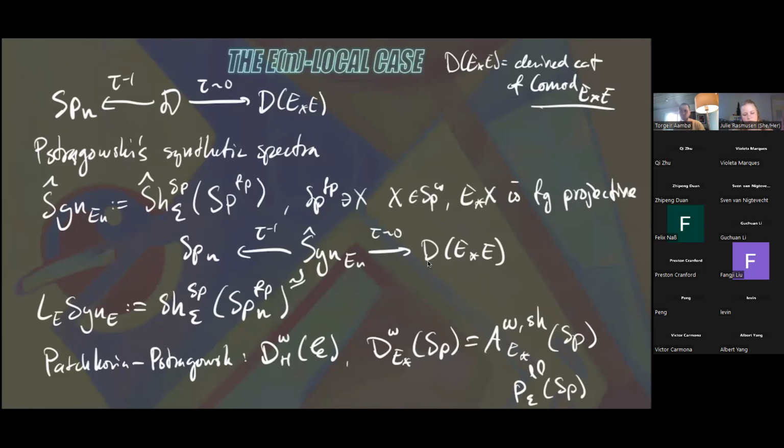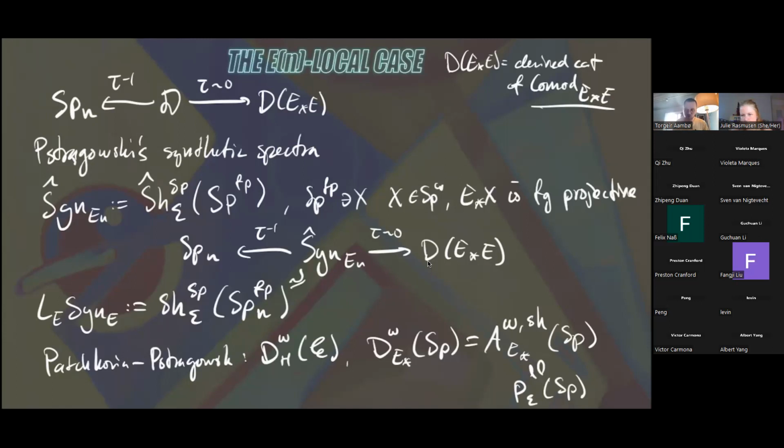Then I sheafify with respect to a very specific topology, which is the topology generated by the E epimorphisms. Any map that E star sends to an epimorphism, I'm going to call a cover in my pre-topology, and I'm going to sheafify with respect to this topology. It's a technical construction, doesn't really matter. You can do this, and it forms a kind of derived category of spectra.